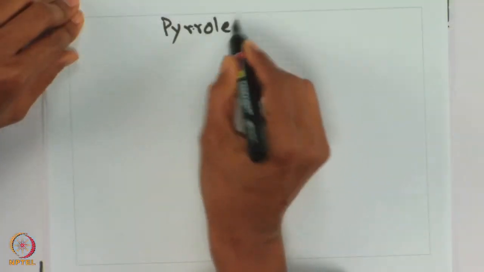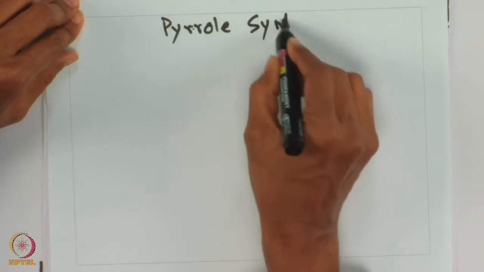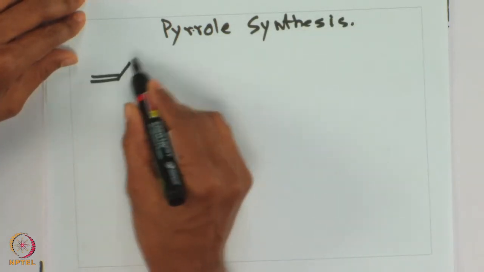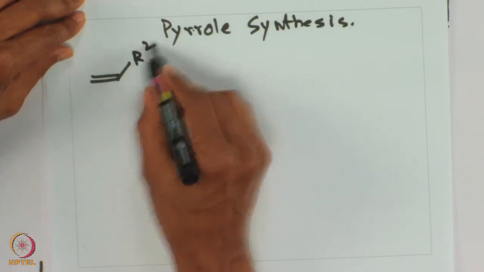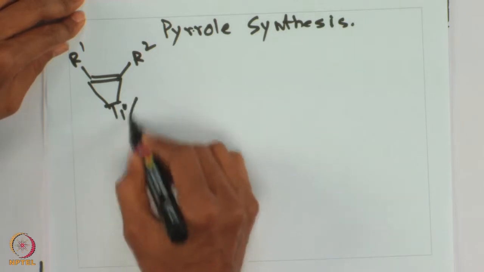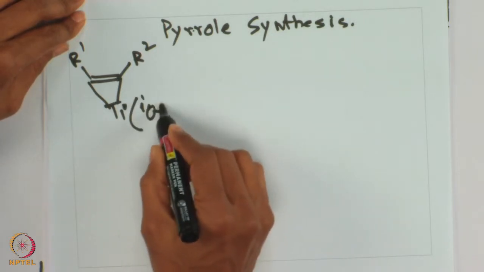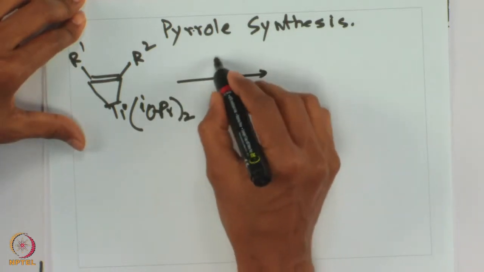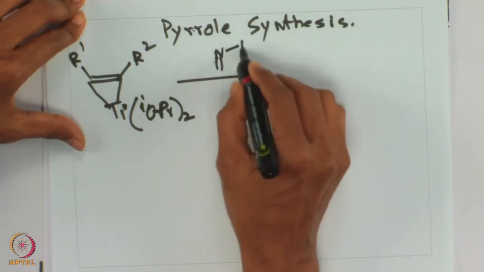So, pyrrole synthesis by using this titanium reagent. Well, from an alkyne, we can have this overall 3-membered titanium intermediate with isopropoxide species in it. Now, as you have seen previously, it can react with an imine.